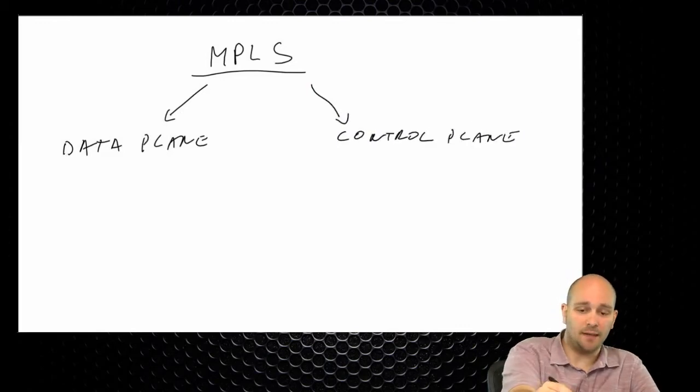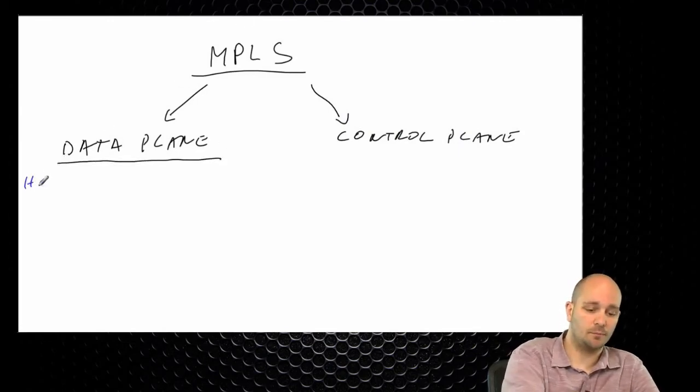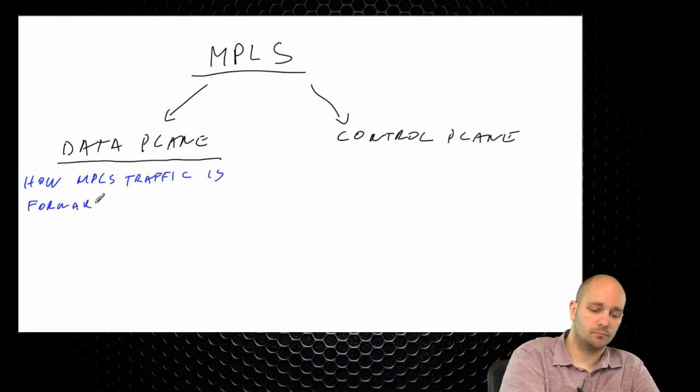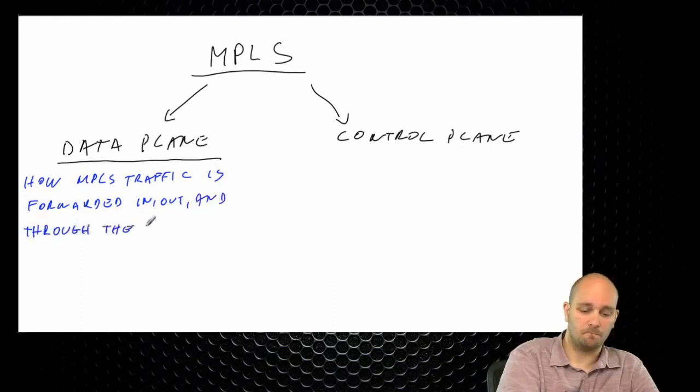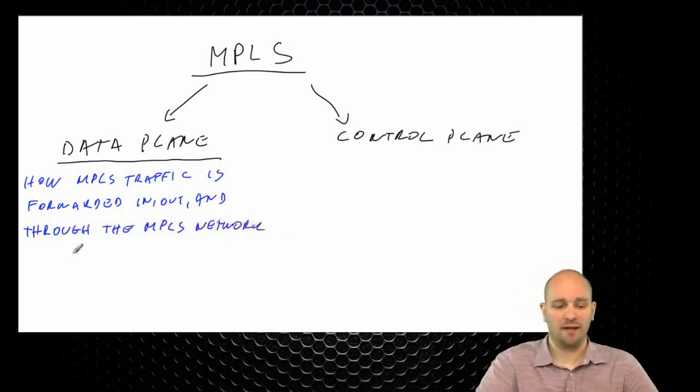Now, the data plane basically deals with how MPLS traffic is forwarded in, out, and through the MPLS network. So the data plane deals with the actual traffic.